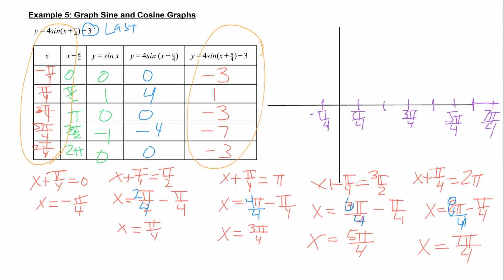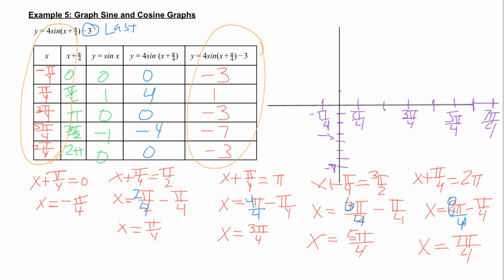Then with our y-axis, notice that we are going between negative 7 and positive 1. So here's 1, and then let's make that a little bit closer because we want our scale to be consistent. So here's negative 1, negative 2, negative 3, negative 4, negative 5, negative 6, negative 7.